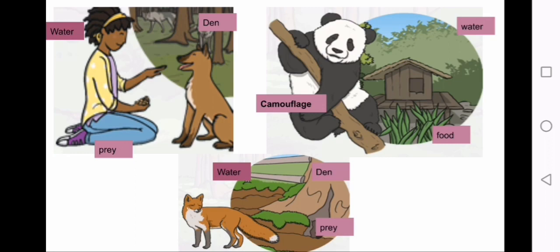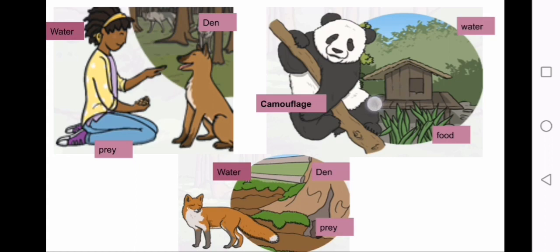A den to live in. This is usually a hole under the ground. Foxes are best suited to living in places where there is plenty of water, prey, and somewhere for them to make a den, such as a forest, so they live in the forest.